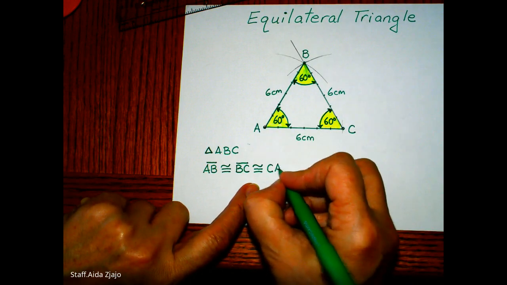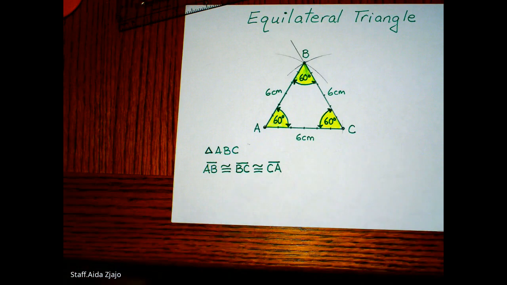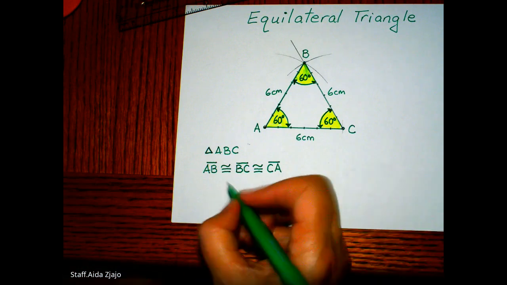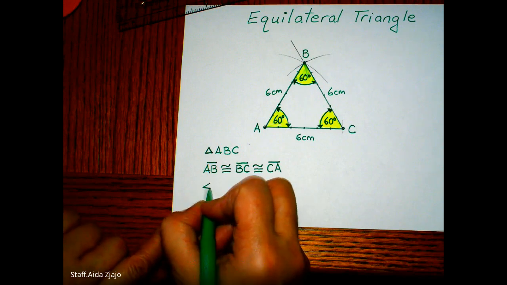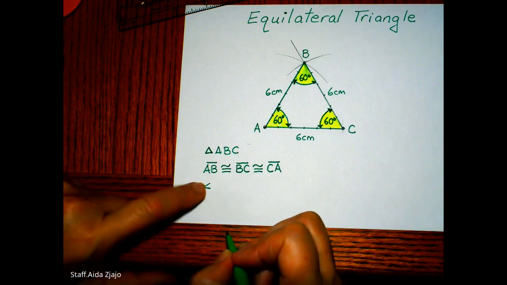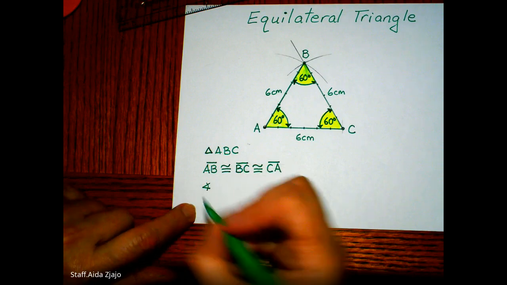We also can label our angles. You write a little angle symbol, and some people do it this way, or you can even make a little arc around.